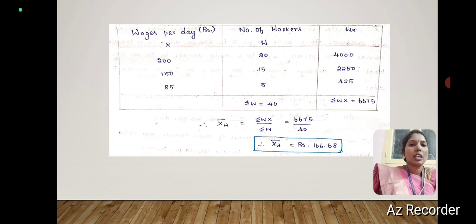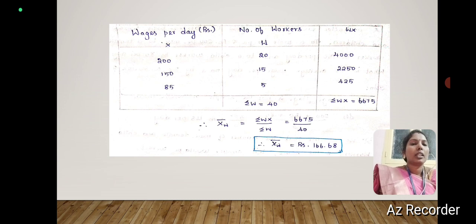So this is the table of wages for the weighted arithmetic mean formula. Wages per day are considered as the X value, and the number of workers, if we choose 20, 15, 5, is put in the second column, and Wx is the third column.